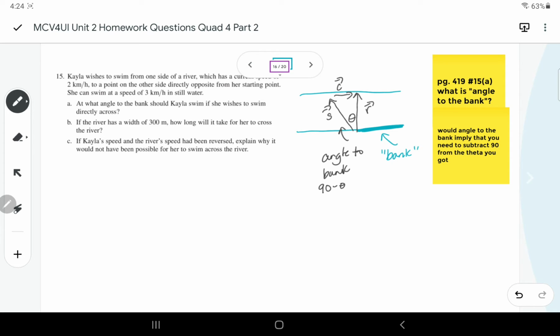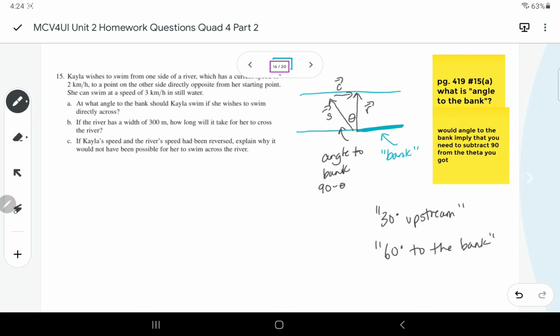On a test, I'm not going to be specific. I would just say, describe the angle that she would want to swim. And you could say, for instance, say you got 30 degrees for the theta that you had. So you could say 30 degrees upstream or 60 degrees to the bank. So it basically is different ways of explaining the same angle.